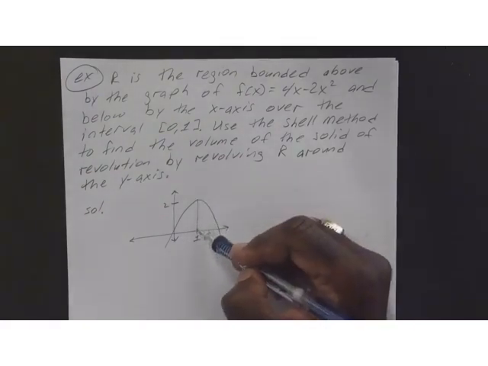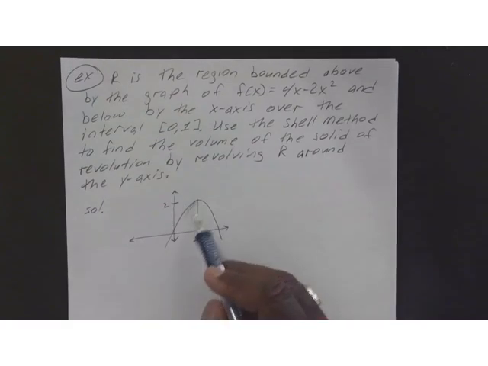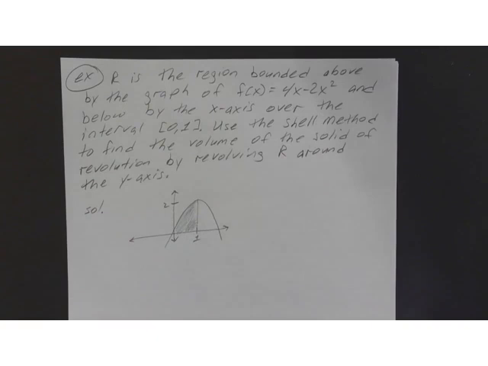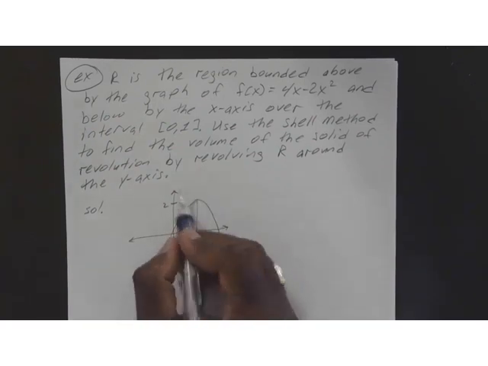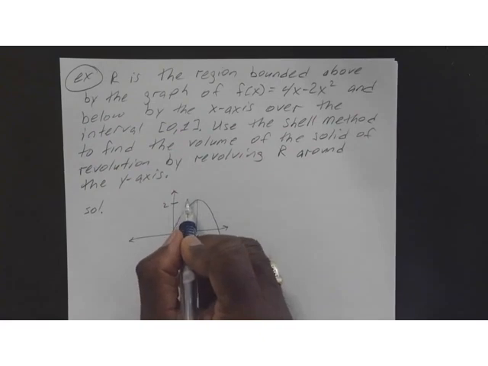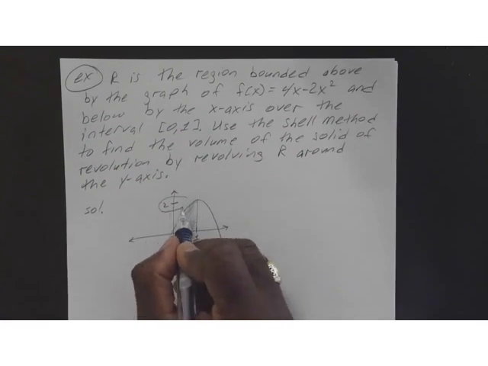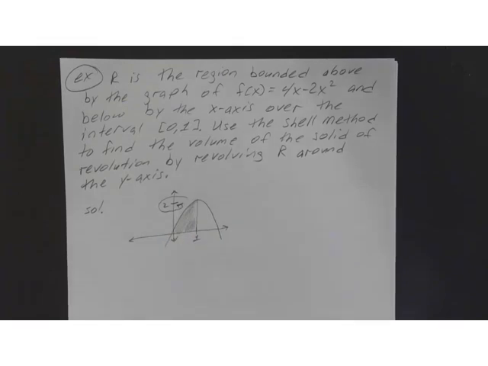So we're just looking for this part of it because it's bounded below by the x-axis. So we're going to get this part of it, and we're going to revolve that around the y-axis.